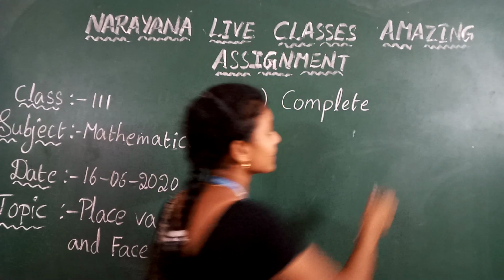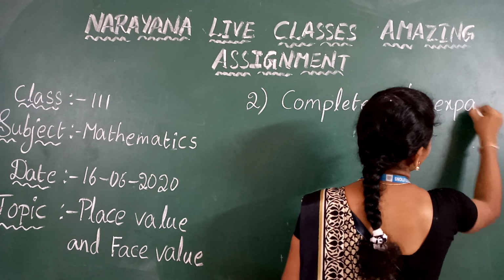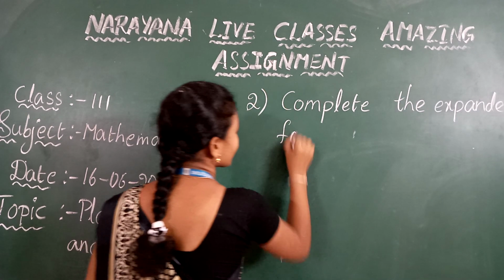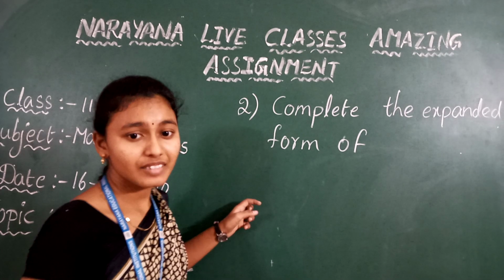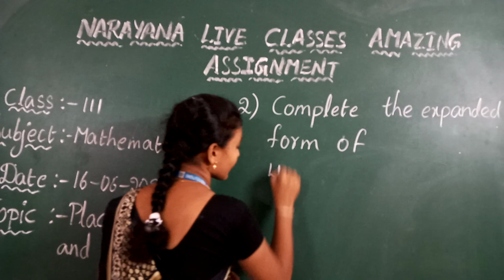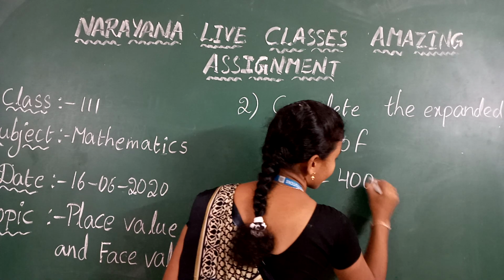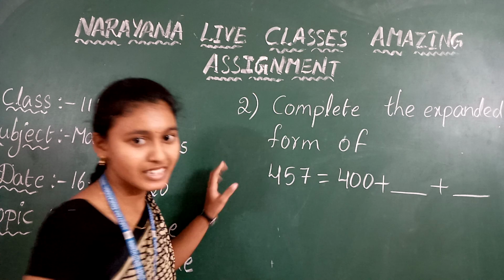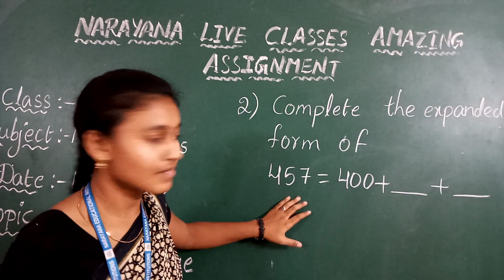Complete the expanded form of 457 is equal to 400 plus dash. It is the second blank, right? Complete the expanded form of 457.